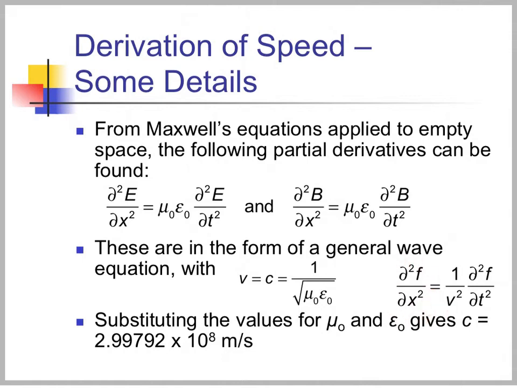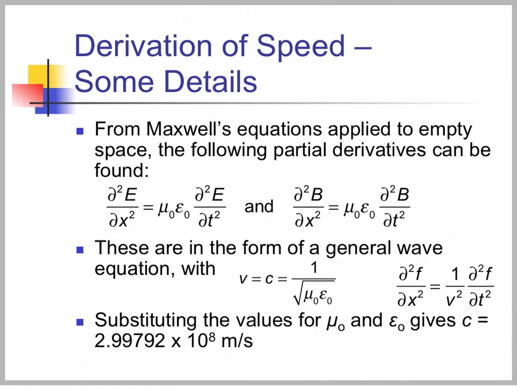And when we compare the general wave equation with either one of these, we see that the velocity of this wave is just exactly the speed of light. If we put in mu naught and epsilon naught, it gives us c is 2.99792 times 10 to the 8th meters per second, which is precisely the speed that we measure of light.